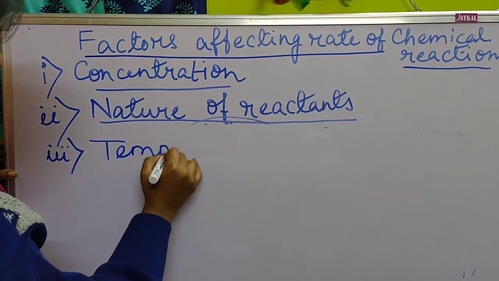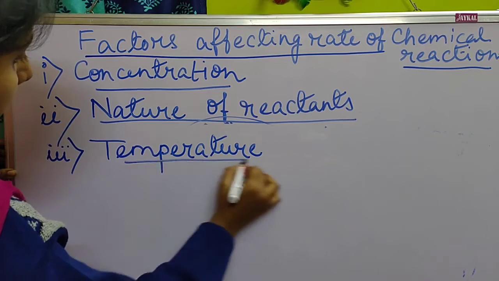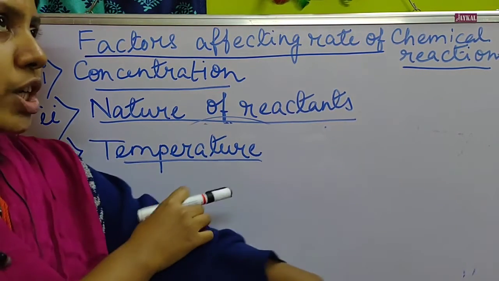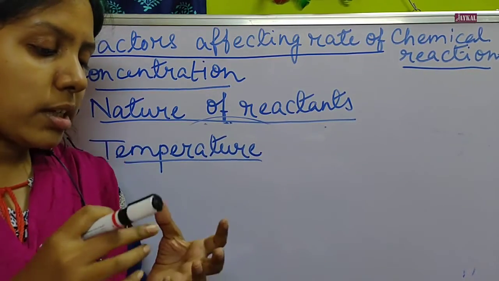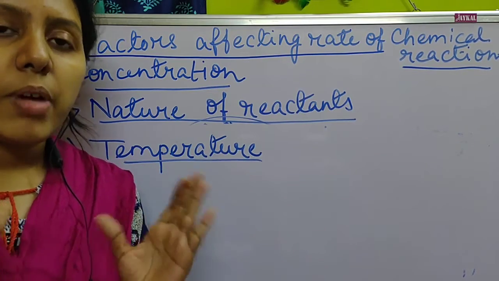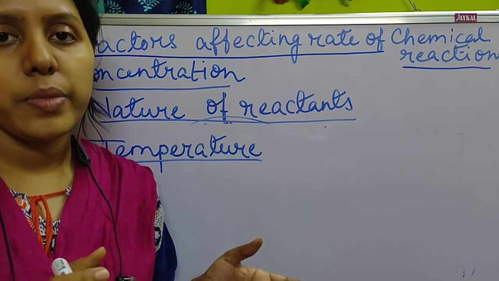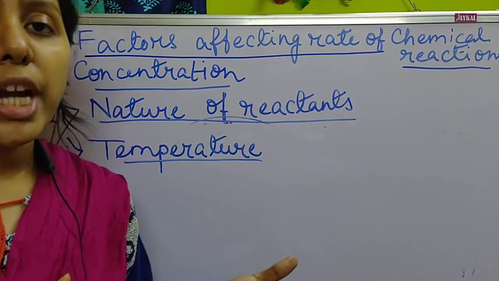So obviously temperature has a very remarkable effect on the rate of reaction, right? Suppose in a chemical reaction, we are observing that it is taking place but at a slower rate. Various reactions require heating, because heating causes an increase in the rate of the reaction.